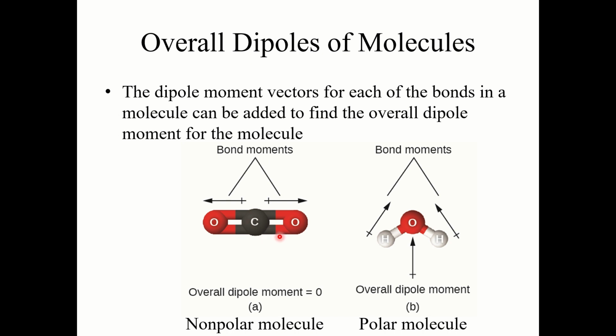And well, why is this? This is where geometry comes into play. I want you to think about that tug of war analogy again. Imagine the oxygen atoms here are playing tug of war on carbon. Both oxygen atoms are pulling hard on the carbon atom, pulling hard on those electrons and pulling them towards them. Well, because of the geometry of the molecule, they are pulling in an exactly equal and opposite direction.